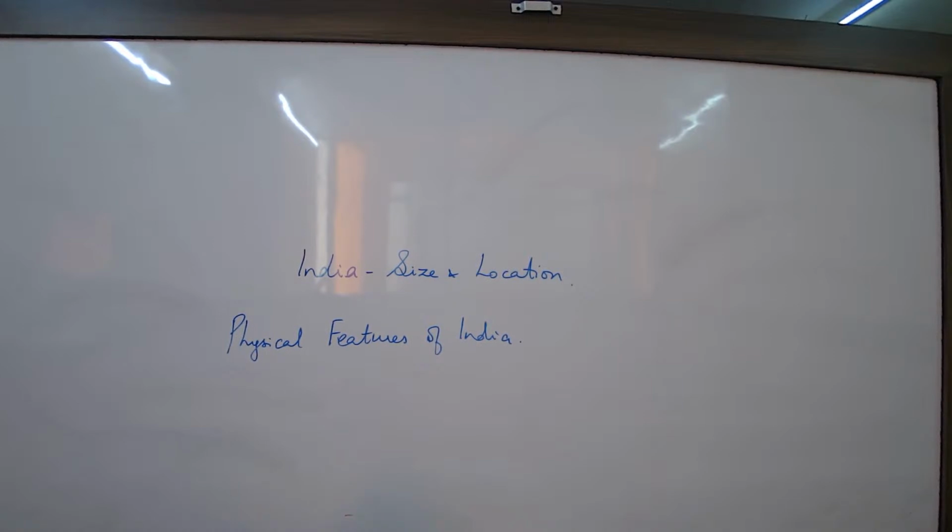Perennially snowbound means throughout the year it's covered with snow. Number of glaciers descend from this range means many big ice glaciers are coming down from this range. Okay.